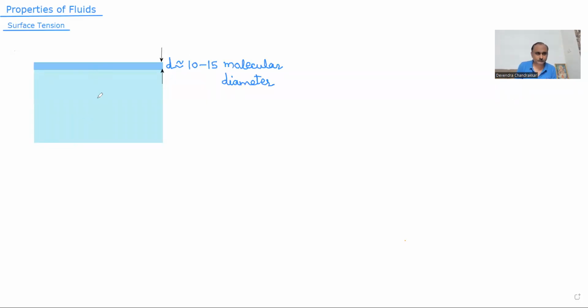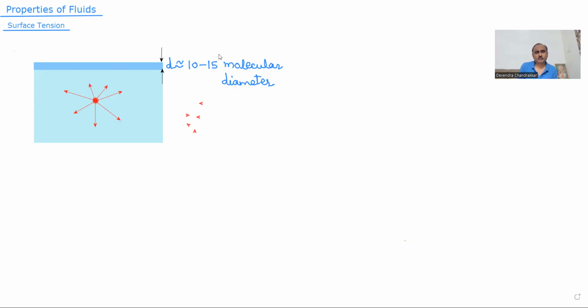Now, let's see what happens to the molecules of the fluid which are inside, or below the surface of the fluid. This molecule will be attracted by all the surrounding molecules.